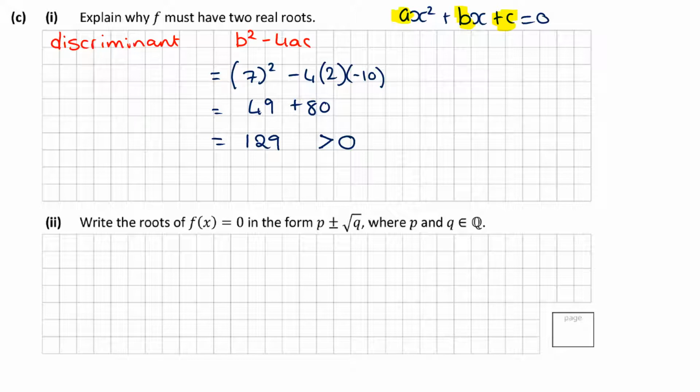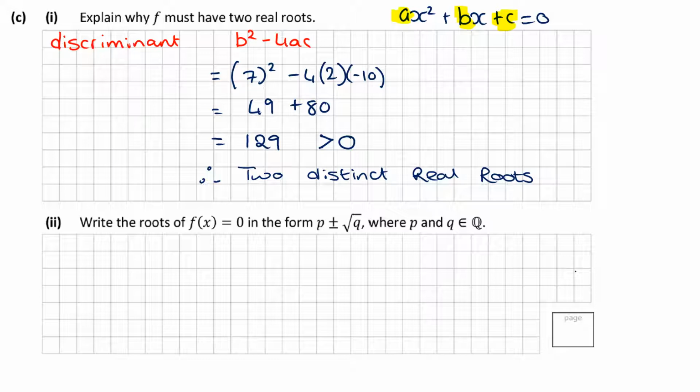So if you can imagine the graph, that quadratic graph would just touch the axis. Because it is greater than 0, then we can say that it has 2 distinct real roots. So we can say therefore 2 distinct real roots.